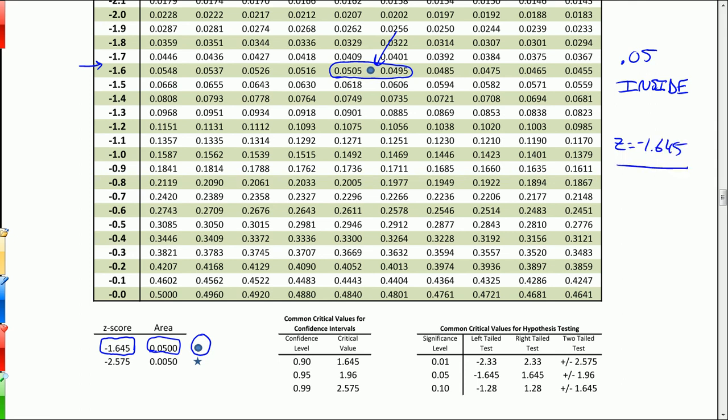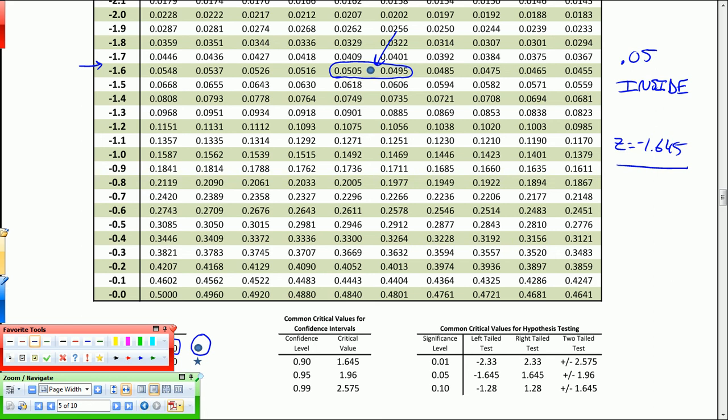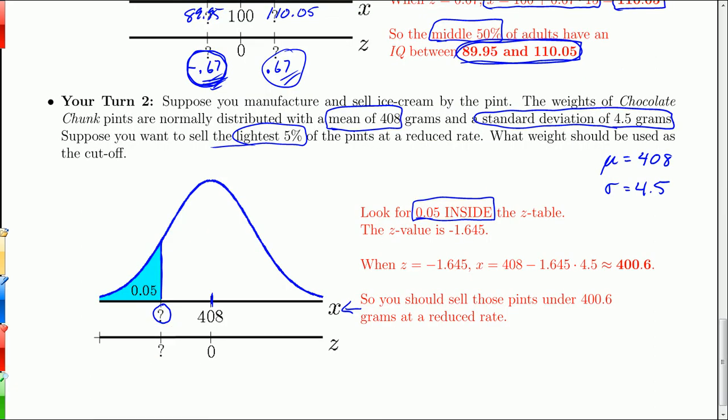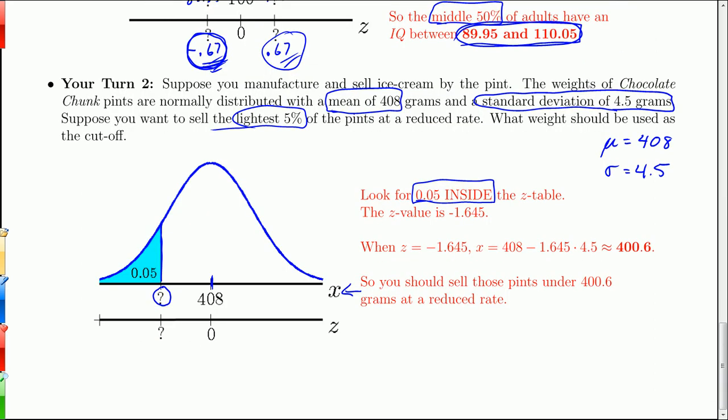So let's go back to our problem now that we have our z-score. We have negative 1.645, but that's not an ice cream weight, that's a z-score. What this is telling us with the two-axis system is that the question mark I'm looking for here is 1.645 standard deviations below the mean.